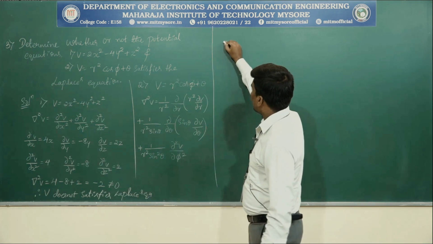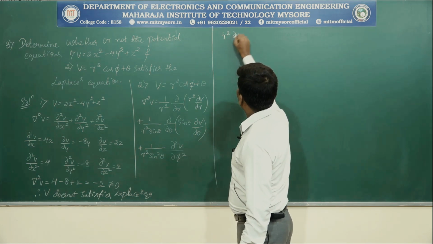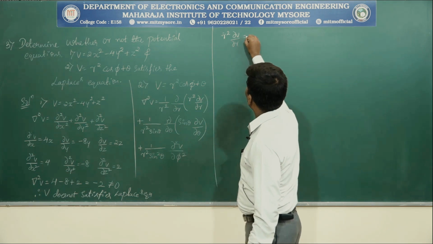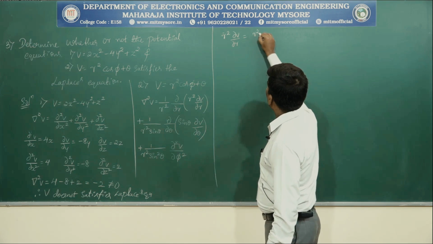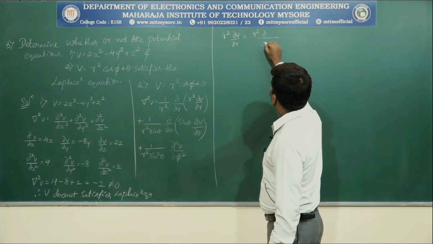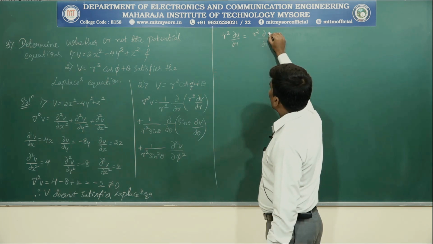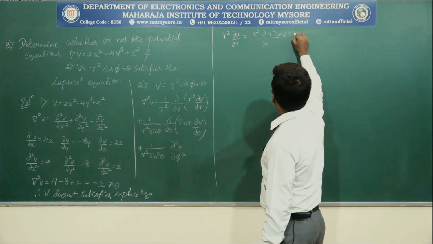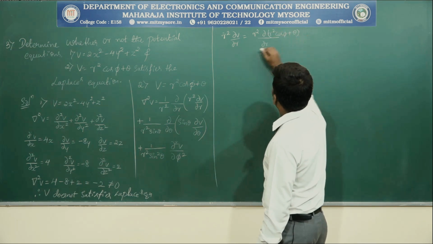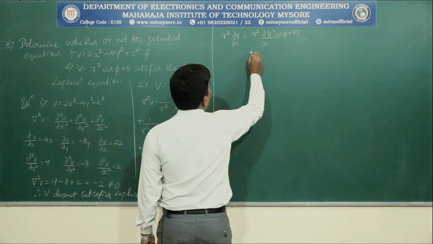That is, the first quantity, r² ∂V/∂r. What are we going to get? ∂V/∂r means r² into ∂/∂r of (r² cos φ + θ).